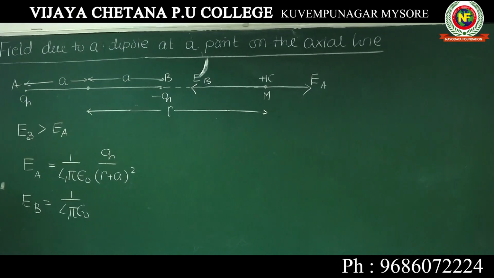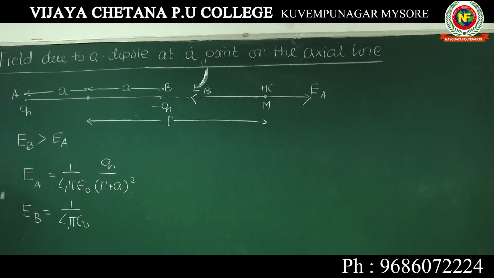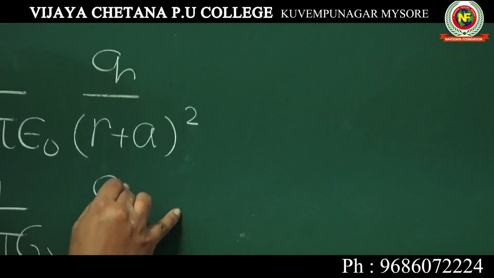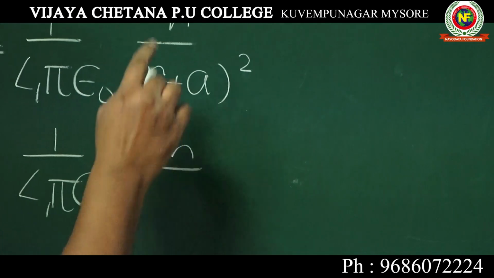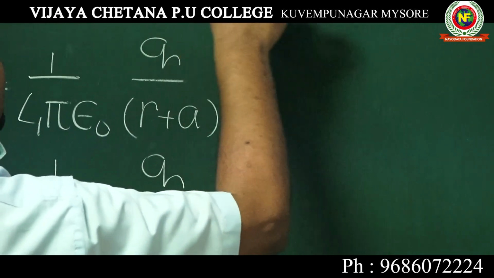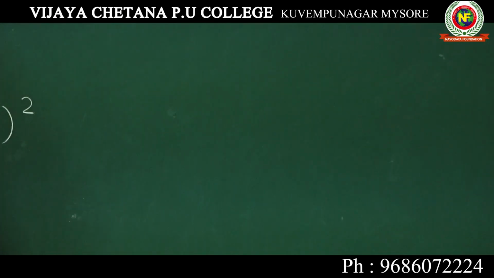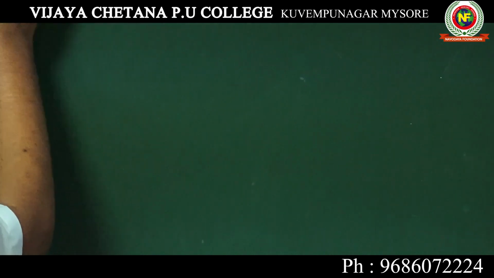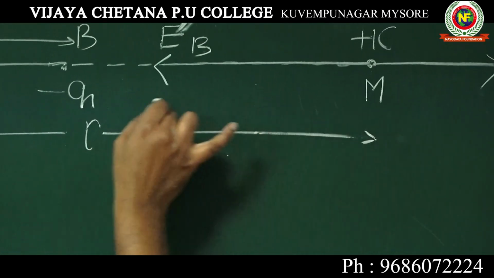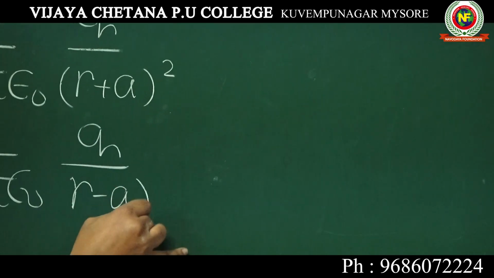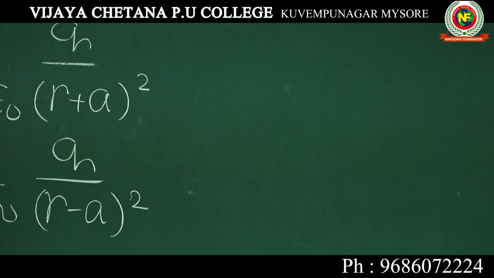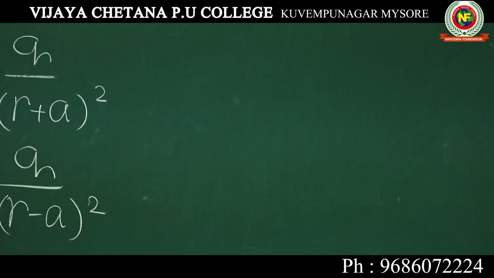During the calculation of its magnitude, I don't consider it. Therefore, I simply write here Q. Must understand, I didn't write minus Q. Now the total distance is R, and this A has to be removed. Therefore, the remaining distance from B to M is only R minus A. Therefore, this is R minus A whole square. Did you understand this? I think you have followed.